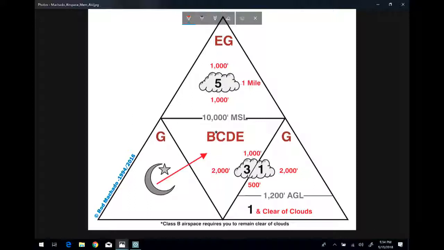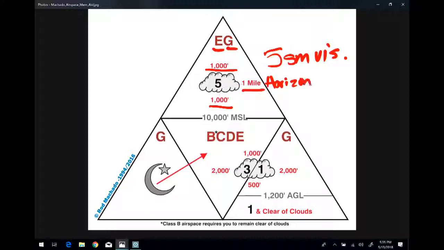This part here is that above 10,000 feet MSL in Class Echo or Golf airspace, you must have 5 statute miles visibility, and you must stay no closer than 1,000 feet below, 1,000 feet above, and 1 mile horizontal of clouds. 5 statute miles visibility, 1,000 feet below, 1,000 feet above, and 1 mile horizontal of clouds.